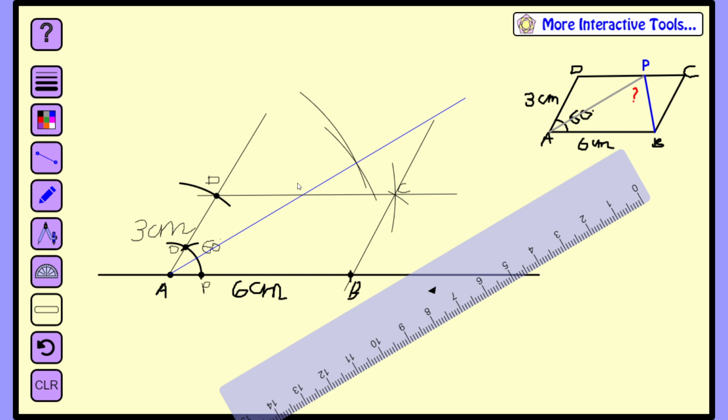Now this is what they say is the point P, point P which lies on line DC. They want us to measure the angle APB.